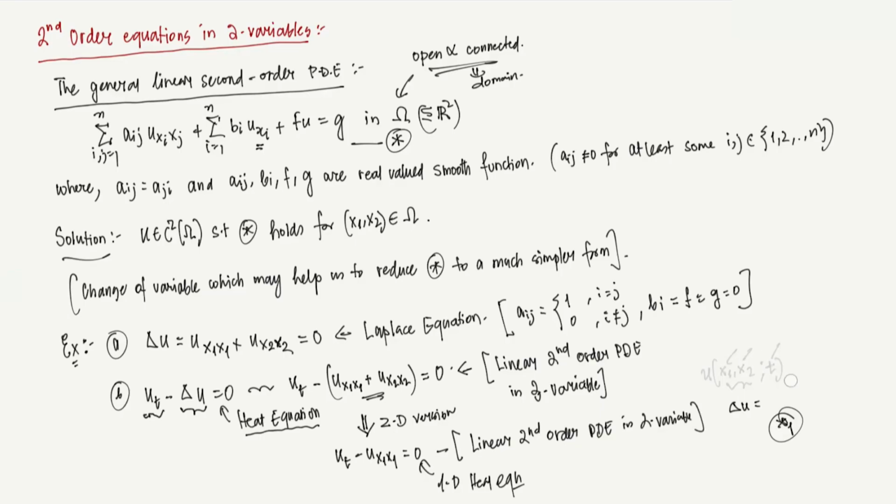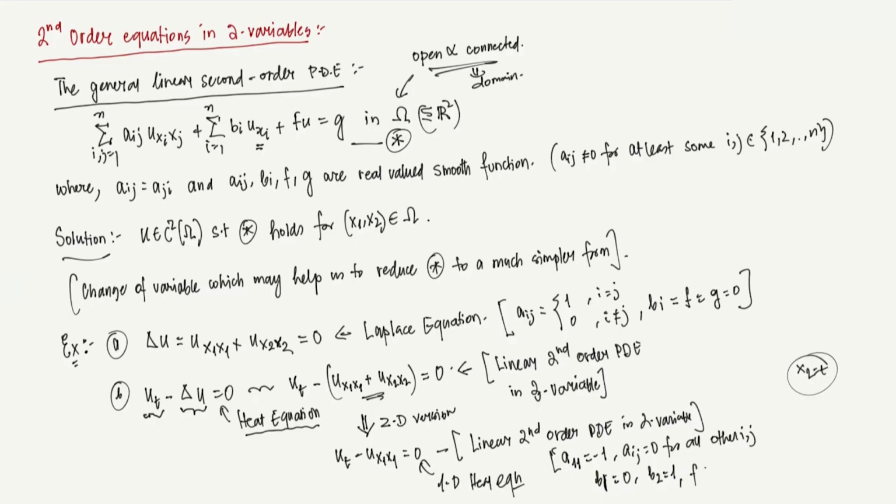So, you can compare this with star, and if you compare, what are the a_ij? Basically, a_11 is going to be -1, and a_ij is 0 for all other i,j. Moreover, b_i: b_1 is equal to 0 and b_2 is 1. If b_2 is 1, then you have u_x2, or u_t if you want. Here I am writing x2 as t, and of course, f and g are equal to 0.